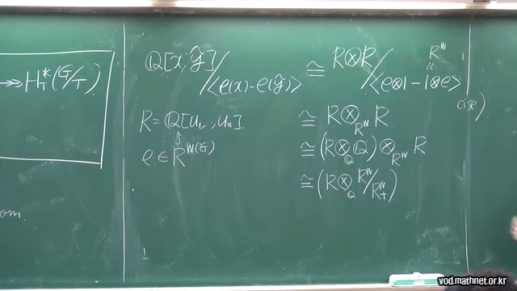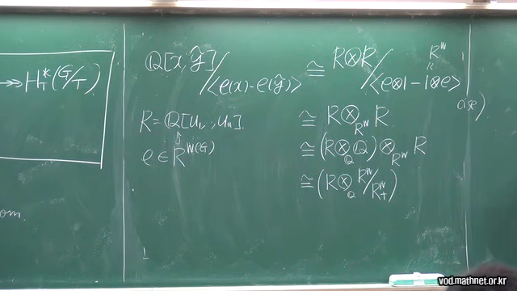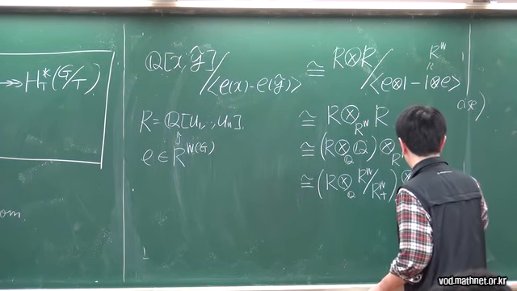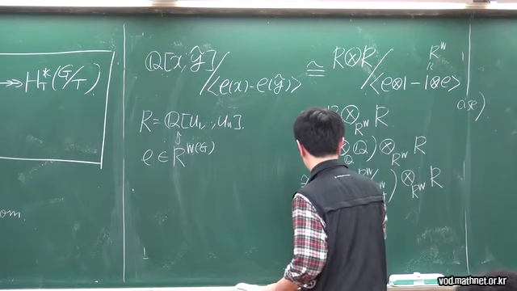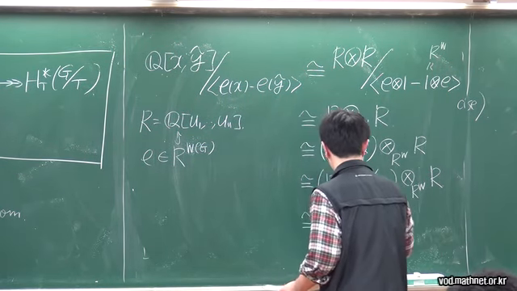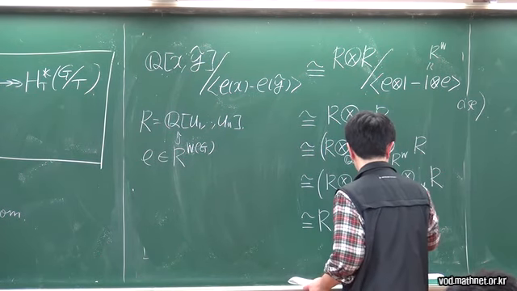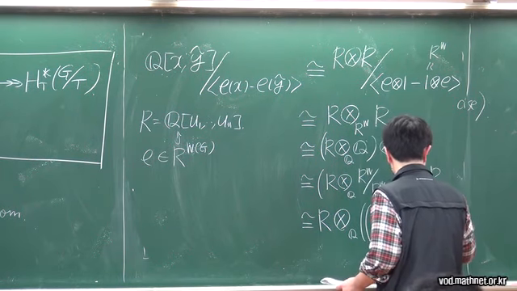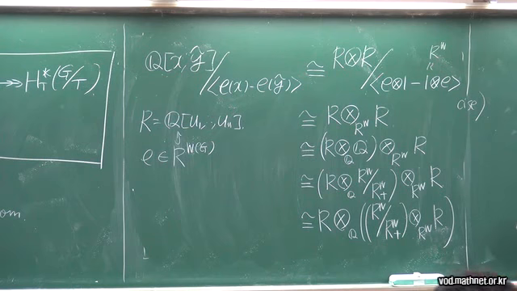Because this positive part is taking all of the part except the constant part. So this is nothing but the Q, RW, R. And this is because of the transitive relations of the tensor product. RWR. Okay?